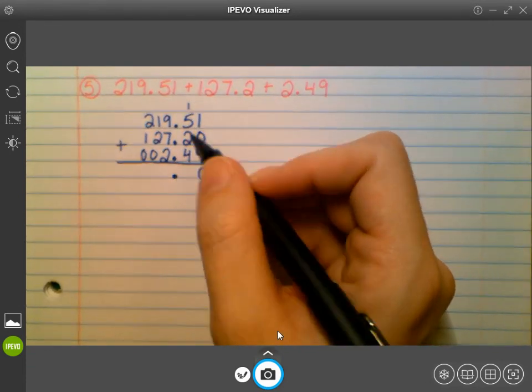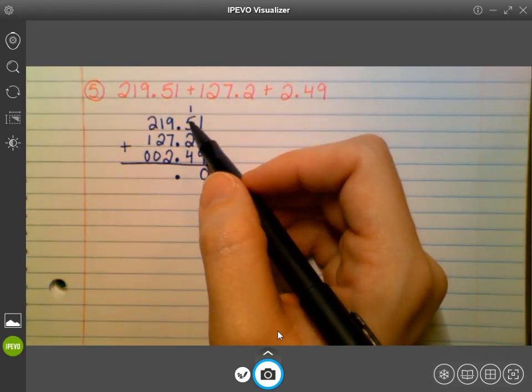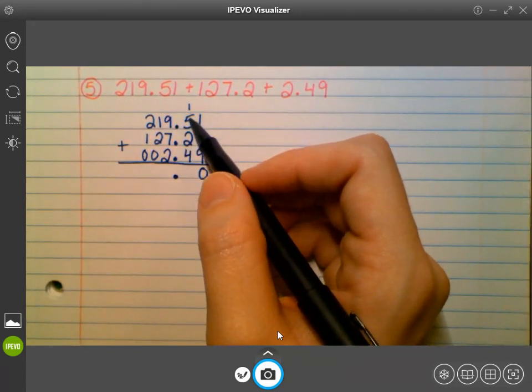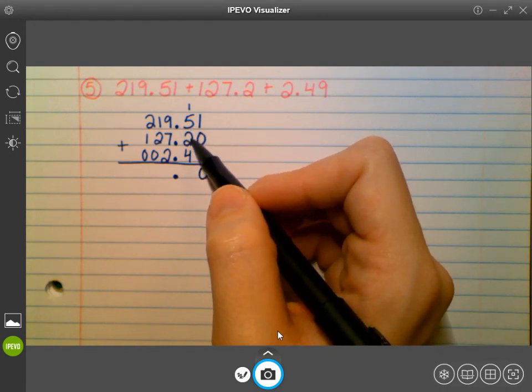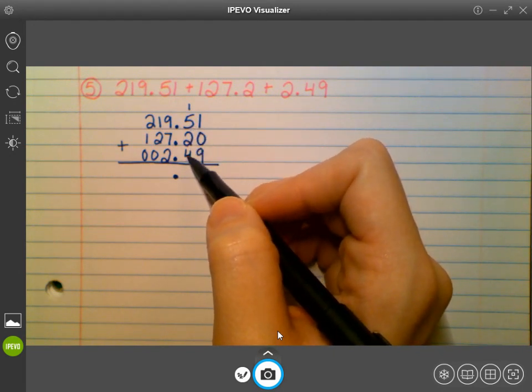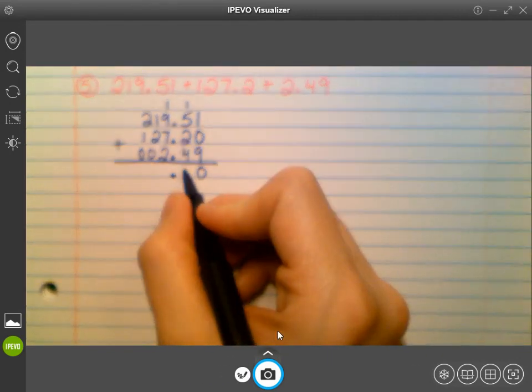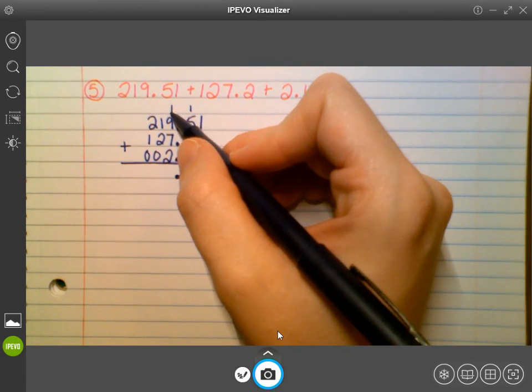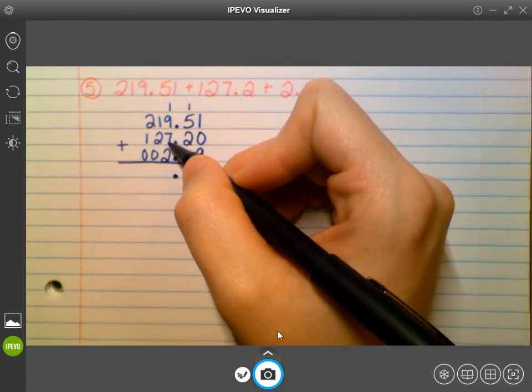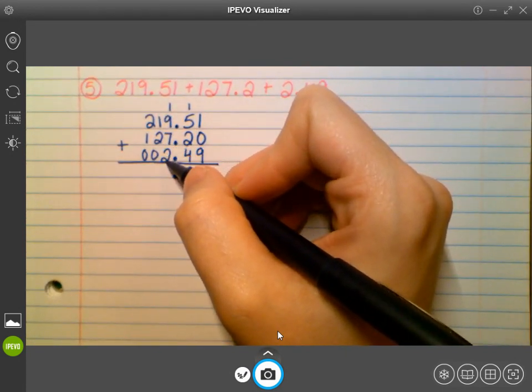Now, when we have a lot of numbers like this, breaking it up helps. So 5 plus 1 is 6, plus 2, plus 4 is 12. Carry the 1, bring down the 2. Then I have 9 plus 1 is 10, plus 7 is 17, plus 2 is 19.